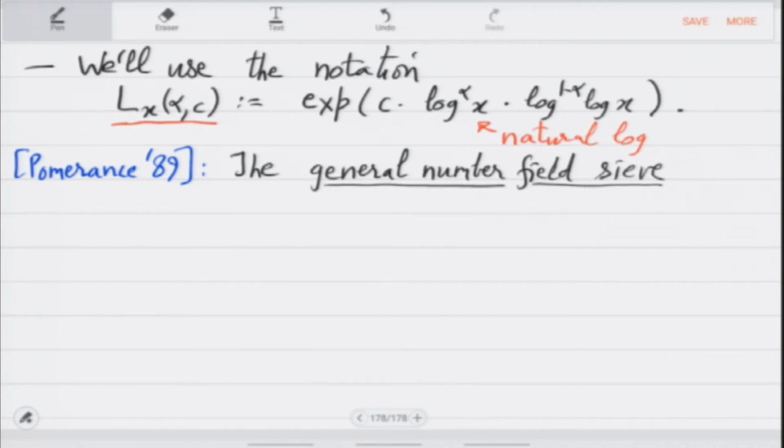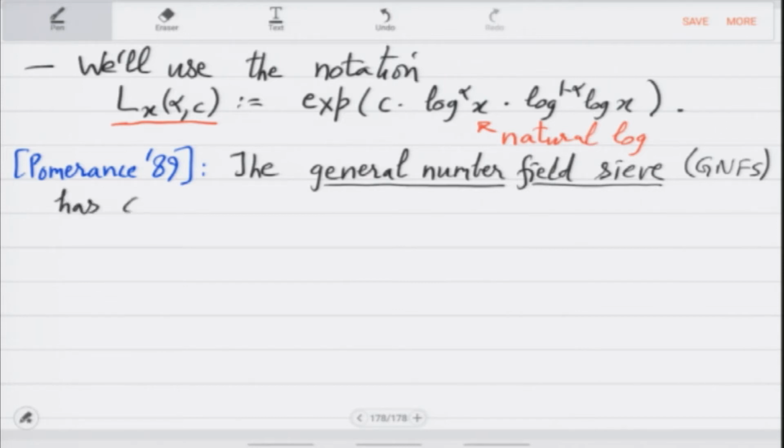In short, GNFS. Number field sieve is NFS, generalized number field sieve is GNFS. So using GNFS, you can factor integers in the fastest possible way currently.